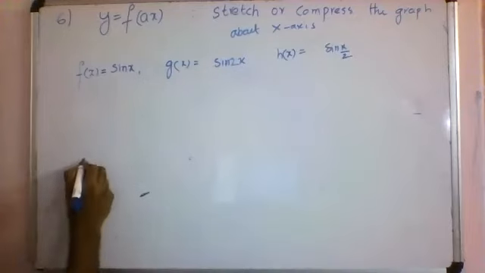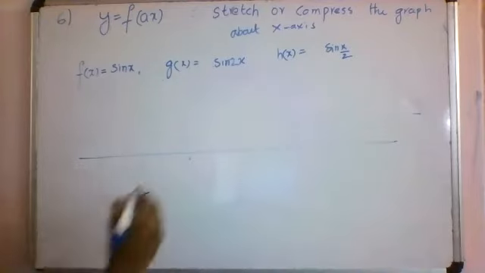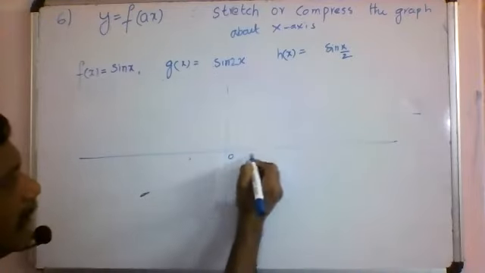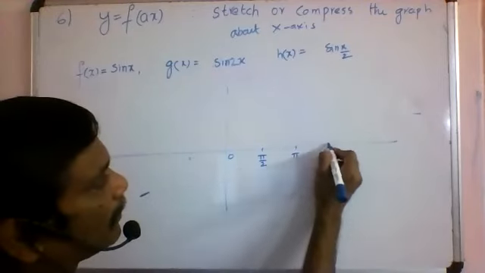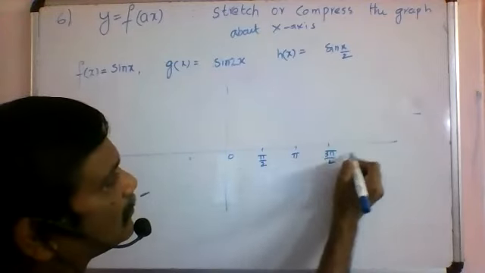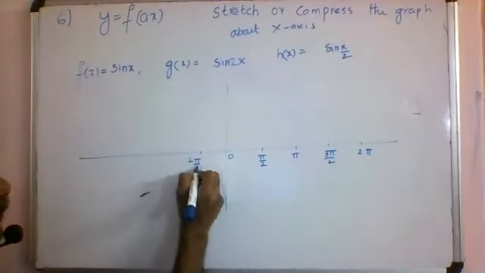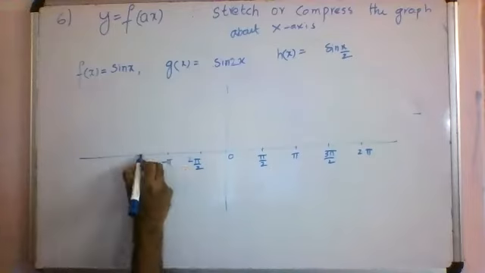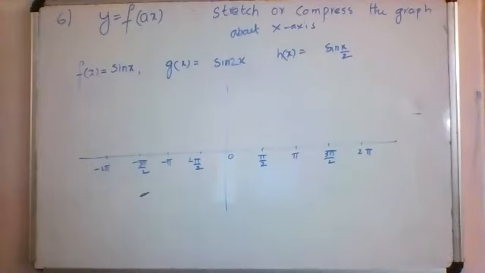First of all, let me draw the original graph, sin x. Again, same points, and take important points: pi by 2, pi, 3 pi by 2, 2 pi, and this side minus pi by 2, minus pi, minus 3 pi by 2, minus 2 pi. Okay?